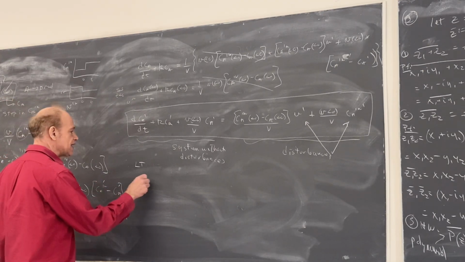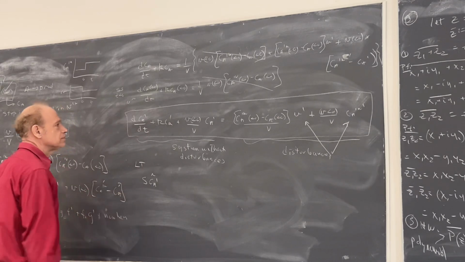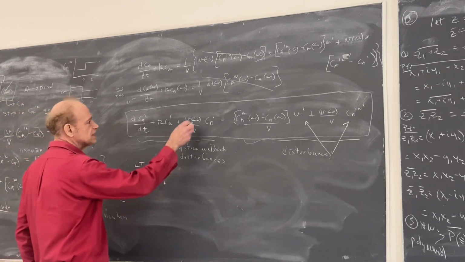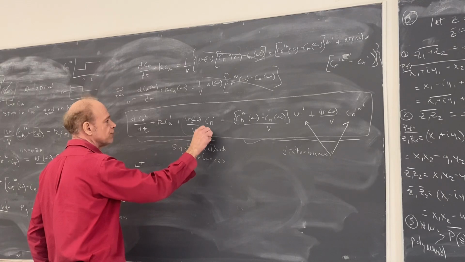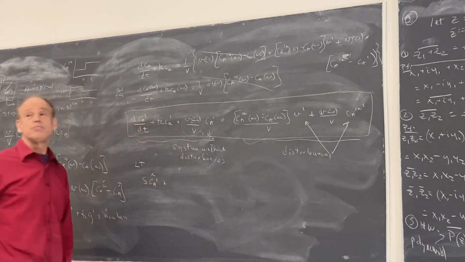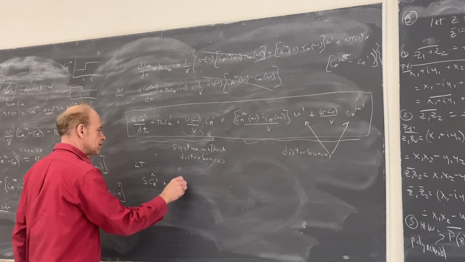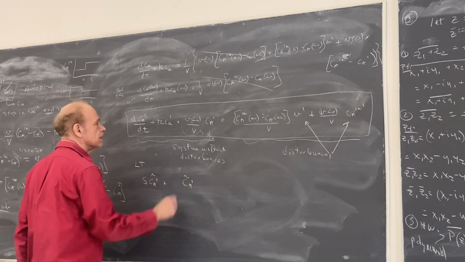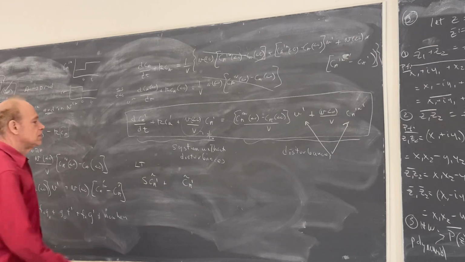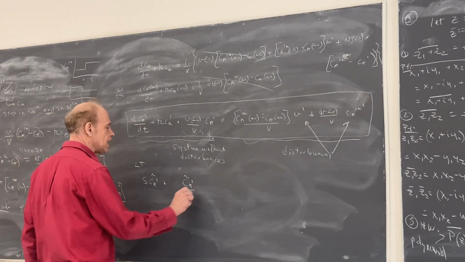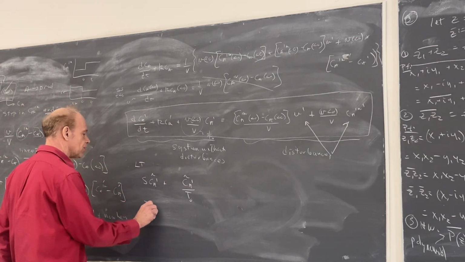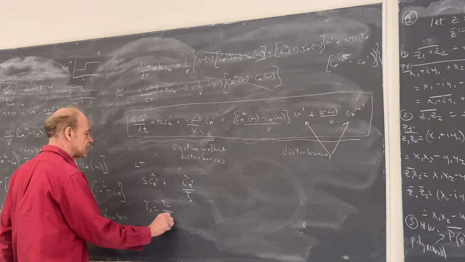When I take the Laplace transform, I get S CA prime tilde plus this thing I can call 1 over tau 0, because it's V over tau less than 0. So here I just get plus CA prime tilde times 1 over tau 0, where tau 0 is tau over 1 plus k tau.